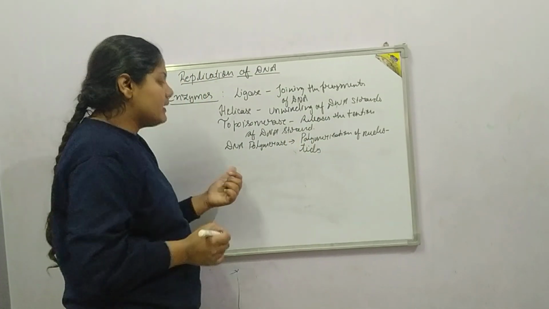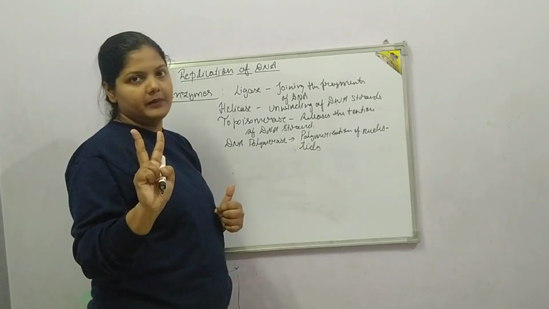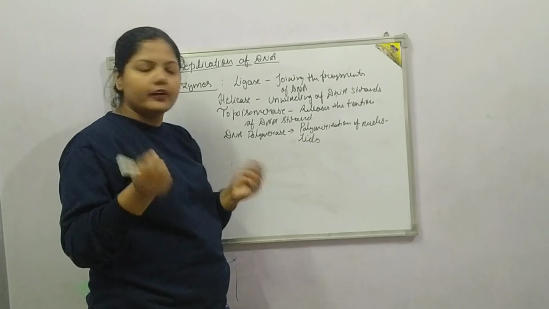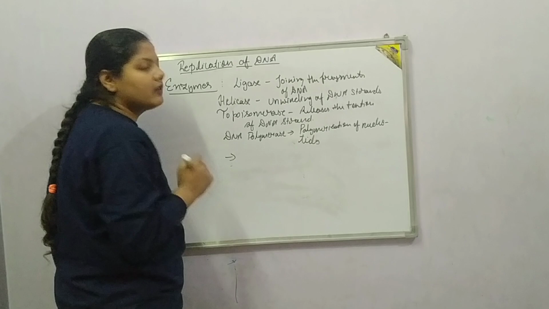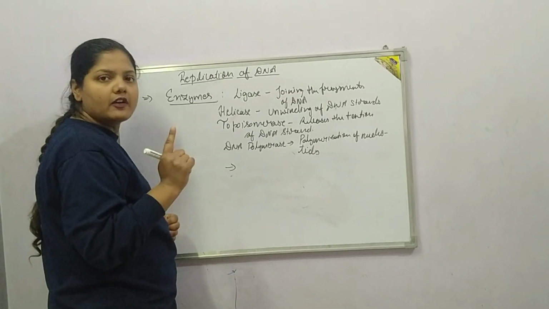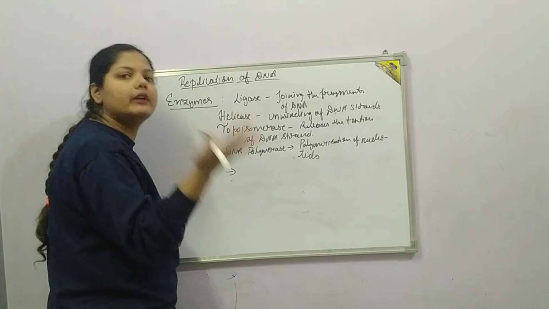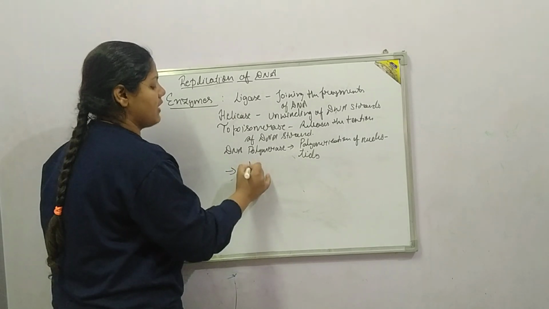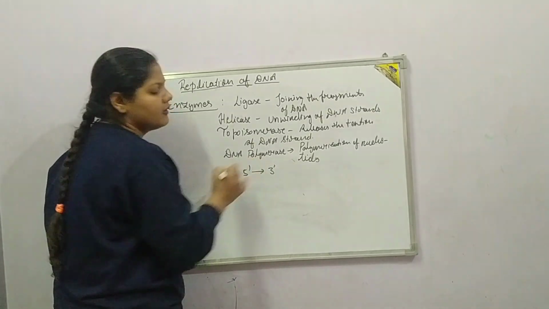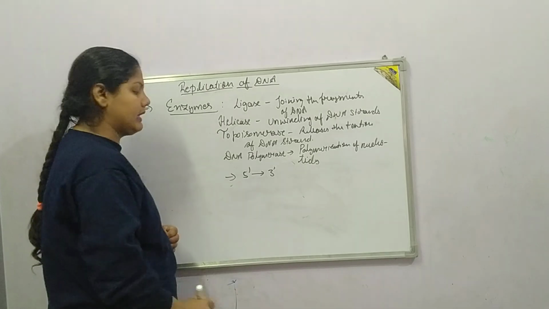Okay. Now this enzyme has two limitations which are very important to study. First of all, this enzyme only functions in 5' to 3' direction. That is the first limitation.